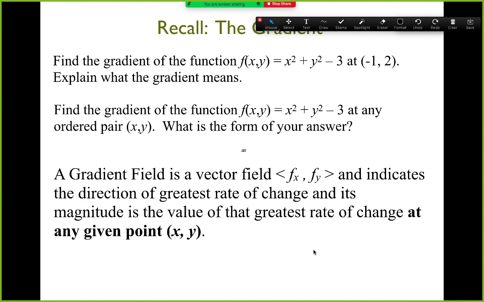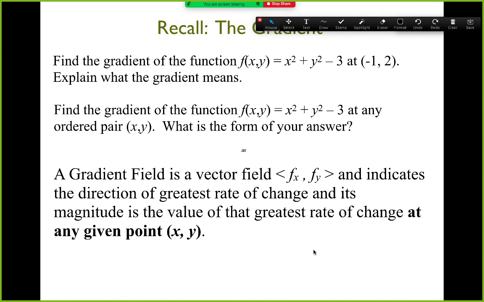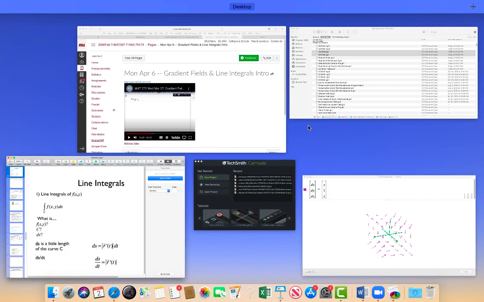This vector field is now a function of gradients. Okay, let's look at that one in particular.